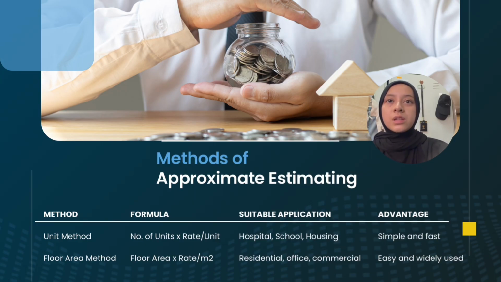And the second method is the floor area method, which estimates the construction cost by multiplying the total floor area by the cost per square meter. It is the most commonly used method because it is easy to calculate and very suitable for residential, commercial, and office buildings.